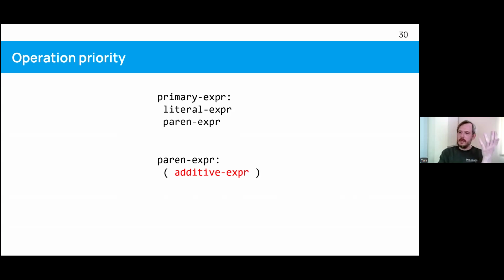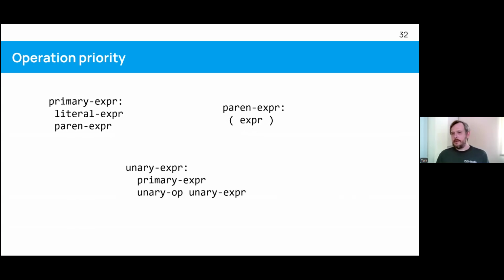But if we add things to our grammar, add different kinds of expressions and so on, some of them might be at the same level as the additive expression, kind of like we have the literal, paren, and so on. So let's call this thing just an expression. Okay, so what do we have here?